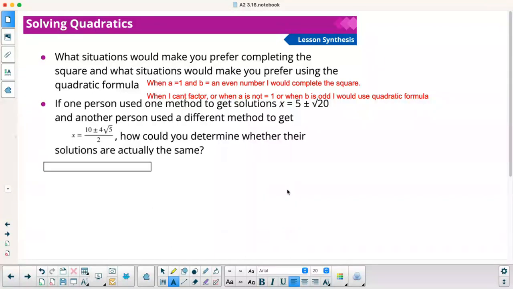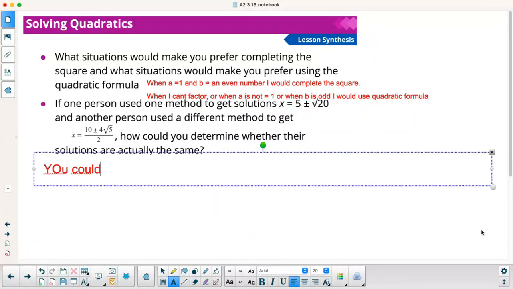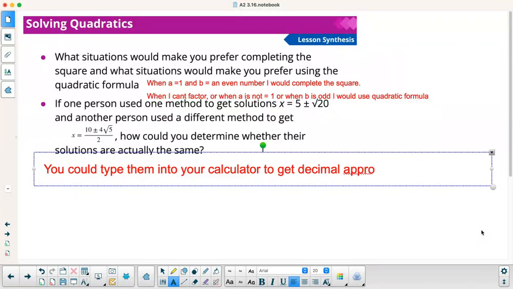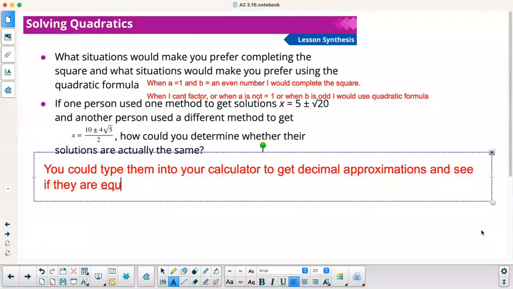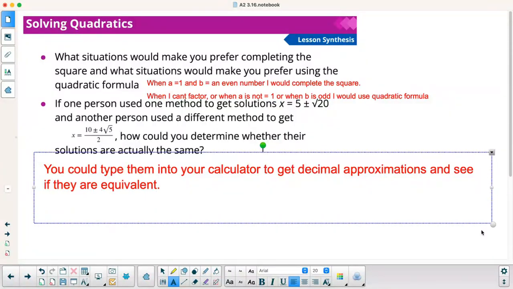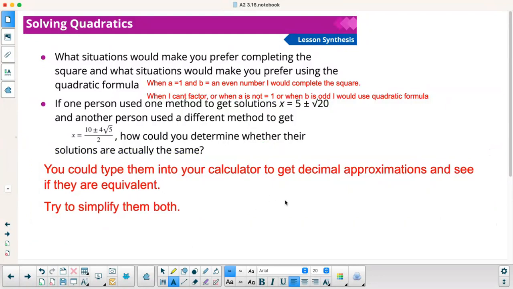Well, one thing you could do is type them into your calculator to get decimal approximations and see if they are equivalent. Another thing you could do is try to simplify them both. Okay, so I'll do the simplifying because it's a little bit harder.